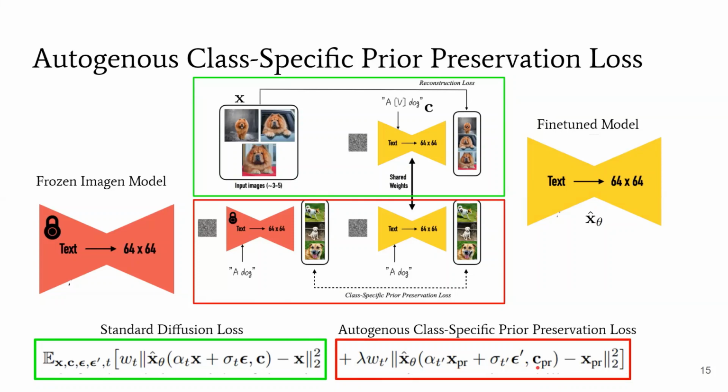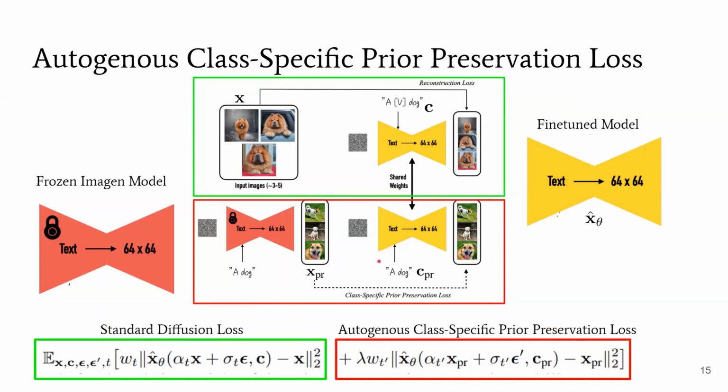There are some small differences. In this case, we take C_pr, which is our text prompt, which is just a dog without the unique identifier. And we have some prior images, which is X_pr, which goes here. So all we're essentially saying is that this fine-tuned model should be able to take a noised image of just a dog, and it should be able to generate very similar images to what the original Imagen model was able to generate. And again, we use pixel-wise reconstruction loss to supervise this.